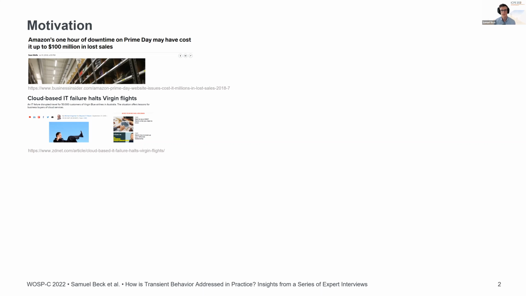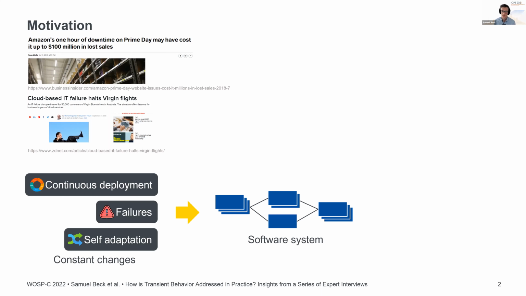To mitigate that risk, stakeholders define quality attributes in non-functional requirements and later, during runtime, assess whether they are fulfilled or not. However, in modern software systems, that can be challenging because they constantly experience changes from continuous deployments, failures, or self-adaptation, for example, because of load balancing or because of resilience mechanisms.